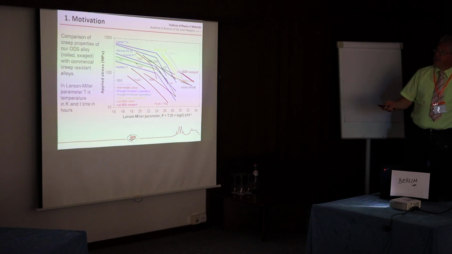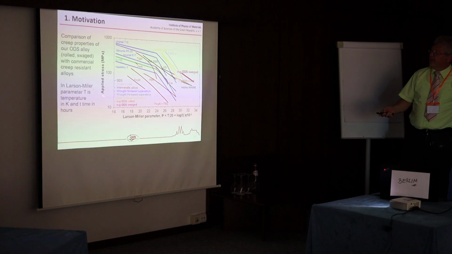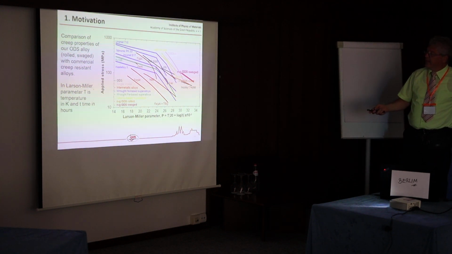And if you look at the currently used high temperature materials, they are basically nickel based. There are not too many iron alloys except these ODS alloys, which is this PM2000 or Incoloy MA956. And our aim is to move to, this is the Larson-Miller parameter, which is used in creep.